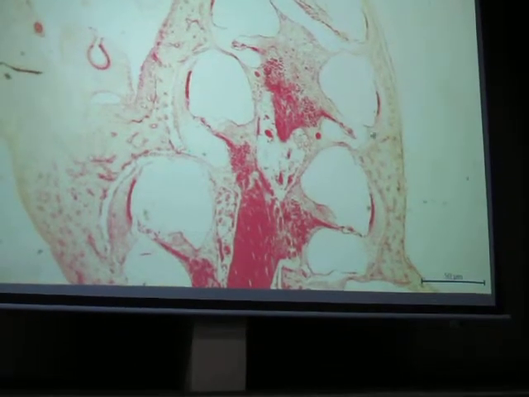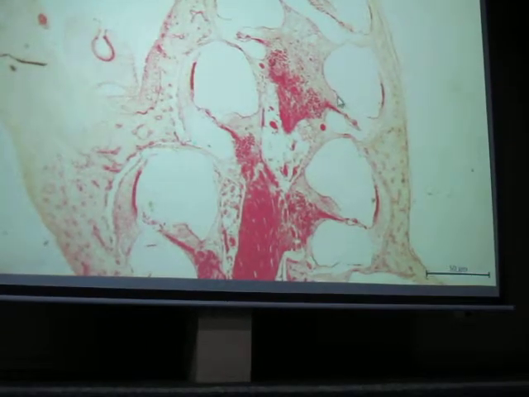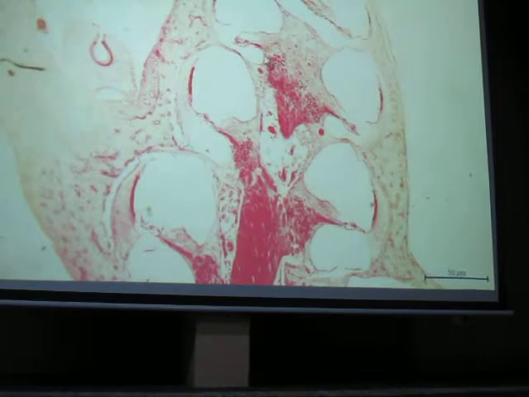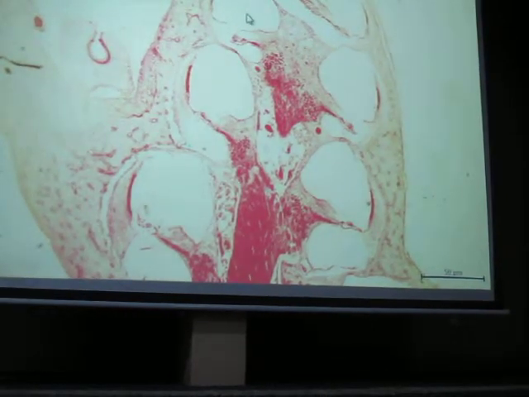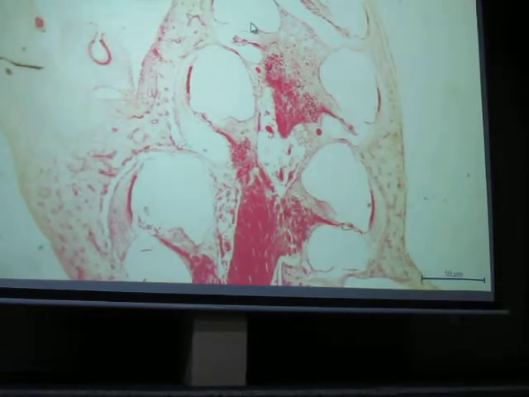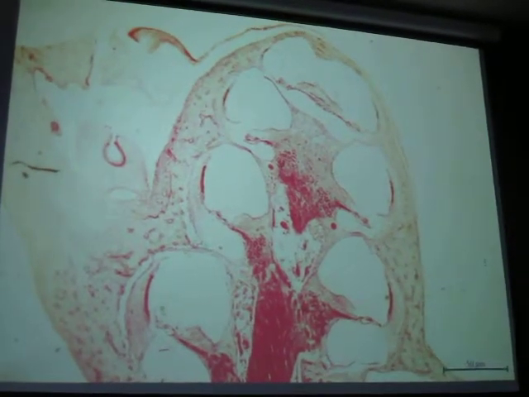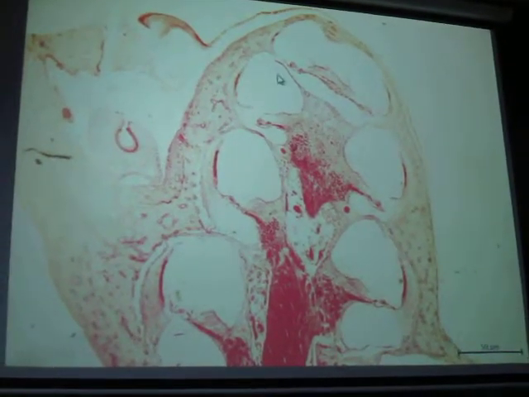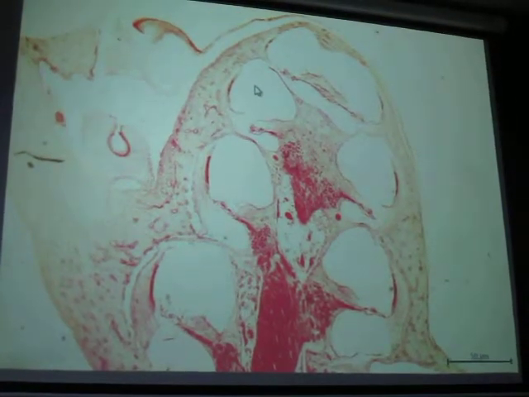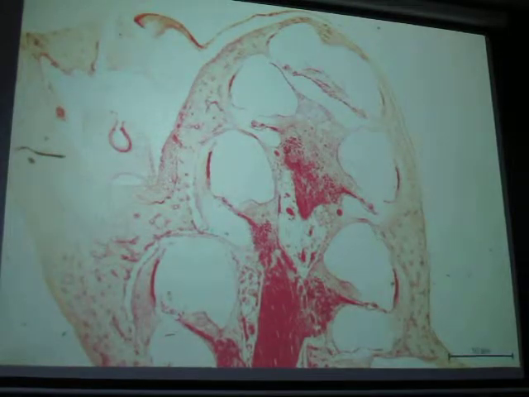chambers. It's not readily seen, but it is divided into three chambers or three compartments. The one on the uppermost, what do you call this? Scala vestibuli.